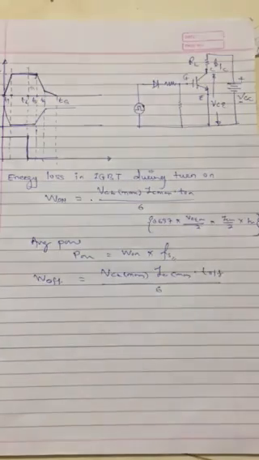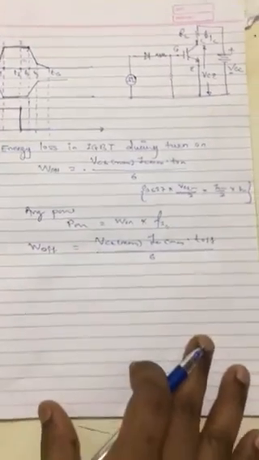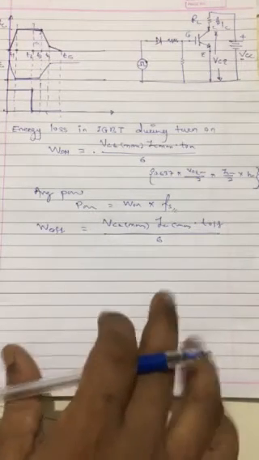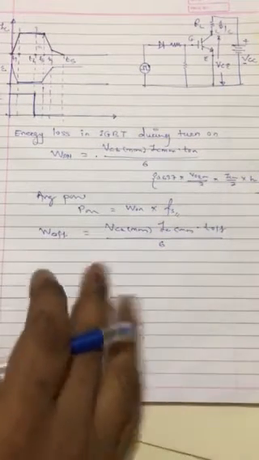Okay, these are the formulas. Now for conduction loss, we can directly find it with the simple formula of power, where power equals voltage into current. Now let's see the numerical, where we will implement all this so that we can understand it very well.